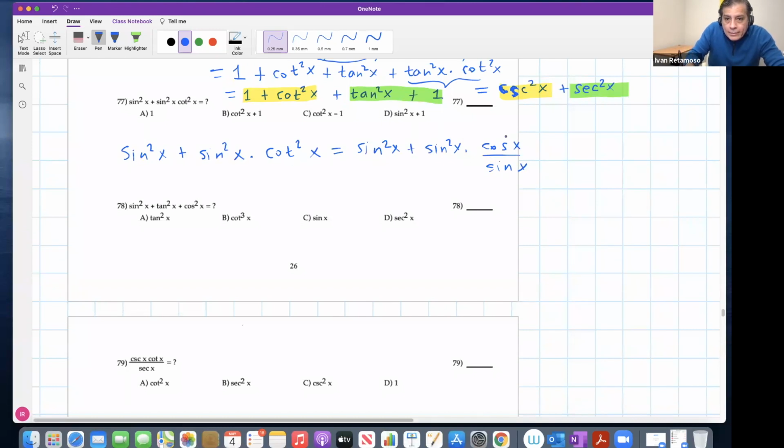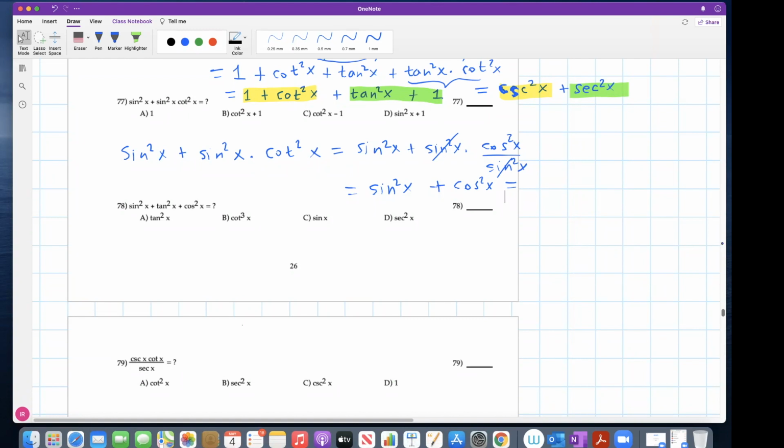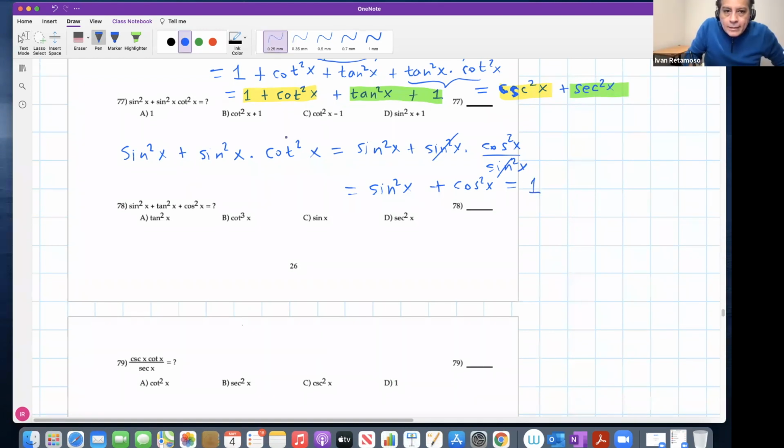This is a square, so this should be a square. Once you do that, notice this cancels. Sine square of x plus cosine square of x is what you are left with. Who can tell me what sine square of x plus cosine square of x is, according to the Pythagorean identities? 1, right? Excellent, Mamadou. So the final answer here is 1.